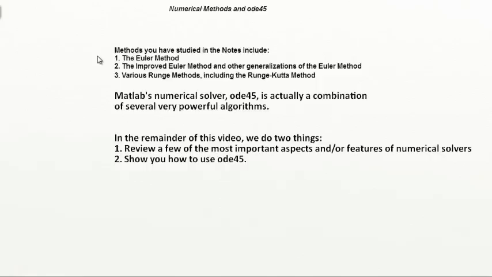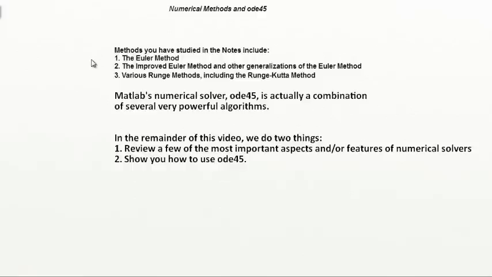In the notes, you've encountered several different types of numerical methods. You encountered the Euler method, the so-called improved Euler method, and a few other generalizations of the Euler method. Various Runge methods, including the famous Runge-Kutta method.